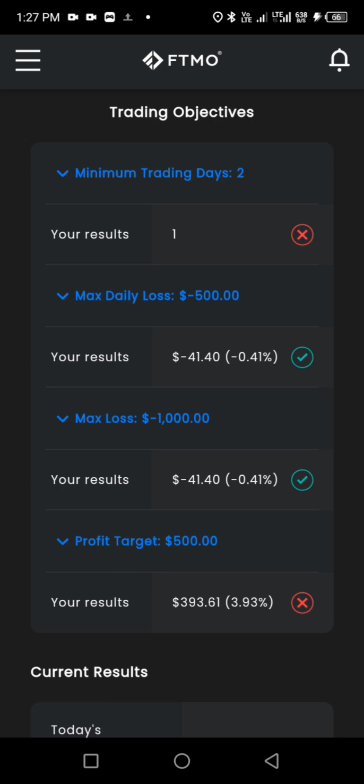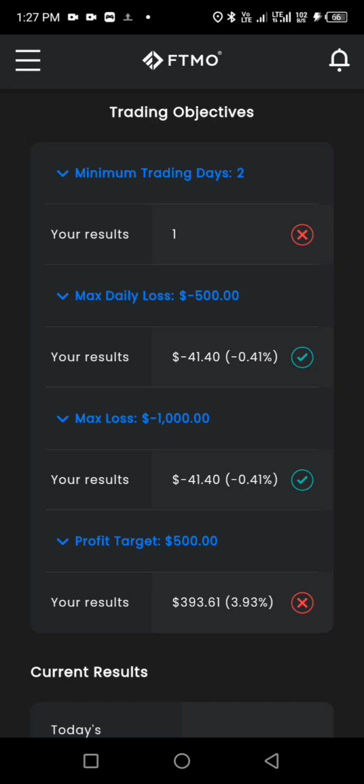Maybe by the time I trade by Monday during the London session, I'll get to know better. But for now, it's showing me I had a drawdown of negative $41.40 yesterday. I just note that I only had a loss of nine dollars or thereabout actually.